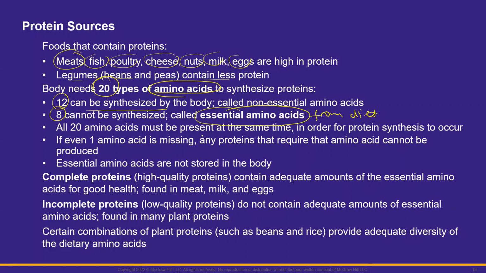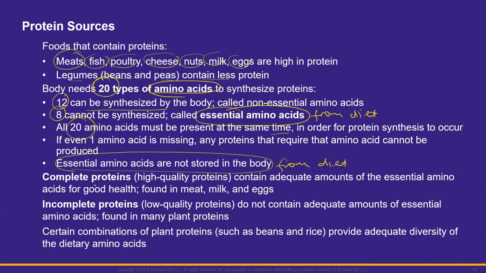All 20 amino acids must be present at the same time in order for protein synthesis to occur. If one amino acid is missing, any protein that requires that amino acid cannot be produced. So it's really important. We should have 20 amino acids in our body. Essential amino acids are not stored in the body, so we have to take them from diet.